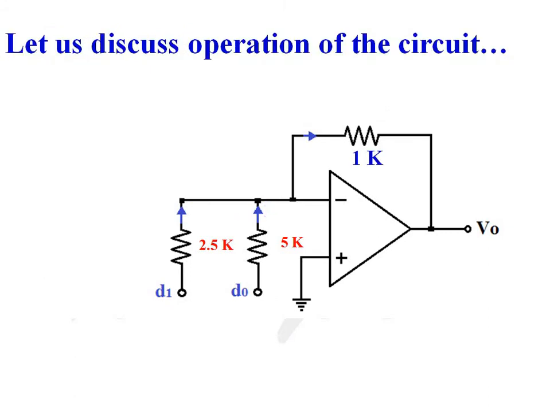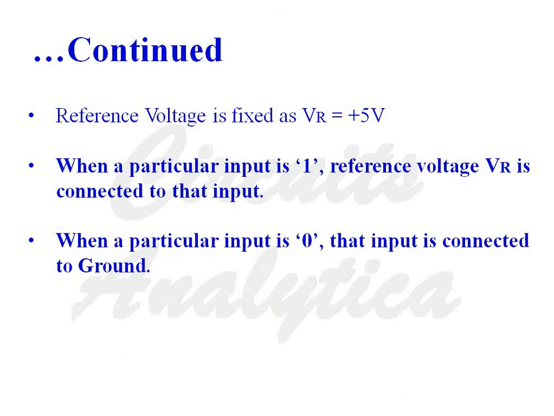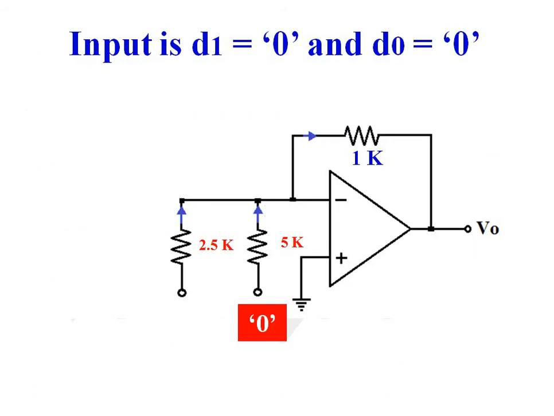Now let us verify the truth table of this 2-bit binary weighted resistor network digital to analog converter. Reference voltage is fixed as VR is equal to plus 5 volt. When a particular input is 1, reference voltage VR is connected to that input. When a particular input is 0, that input is connected to ground. Let us apply various input combinations.